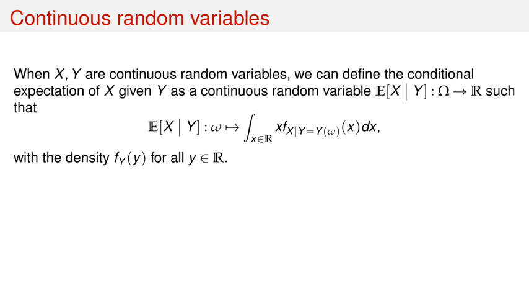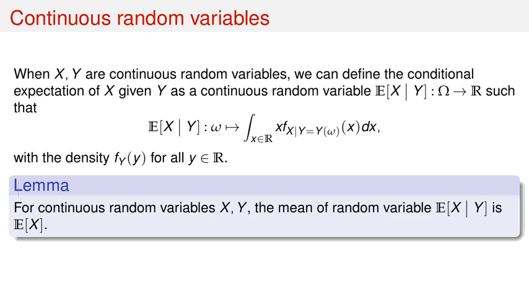Expectation of X given Y maps omega to R such that its value at omega is given by the integral over x in R of x times the conditional density f_{X|Y=Y(omega)}(x) dx. This conditional expectation, being a function of Y(omega), will have a distribution related to the density f_Y(y).